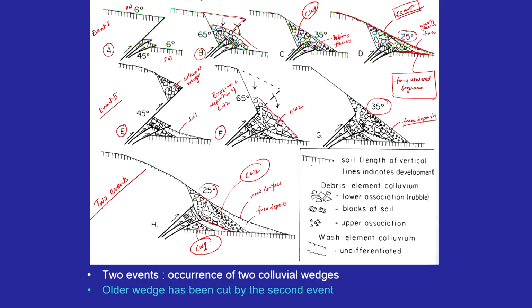For detail on what we have discussed, you can also refer to this legend, which shows the wash elements we were talking about here. The finer one is your wash facies deposits, and then the coarser one is your debris flow or the debris element.